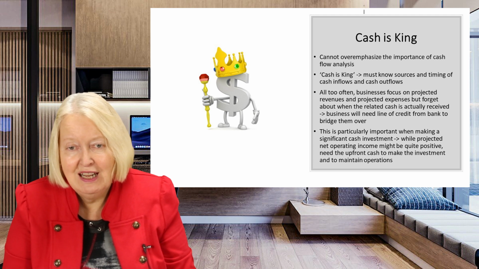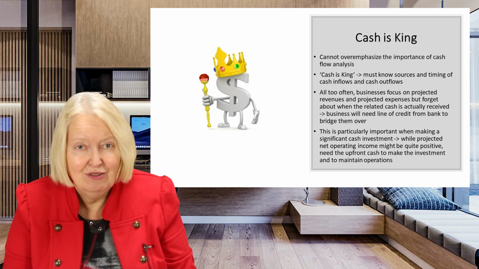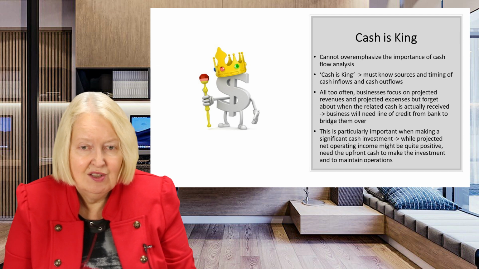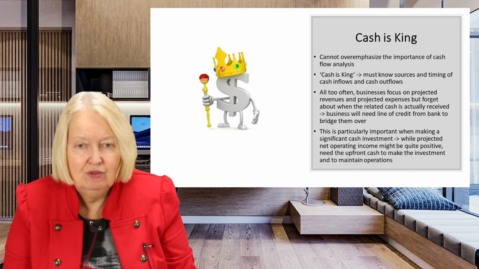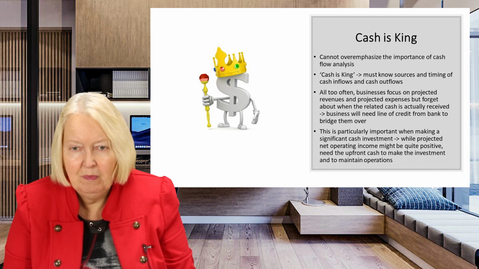Obviously, there's a 15-day gap there, and you need to do something to get cash in to bridge that gap. That could come in the form of borrowing, such as a line of credit, etc. But you really have to very carefully consider the timing of the cash inflows and cash outflows.